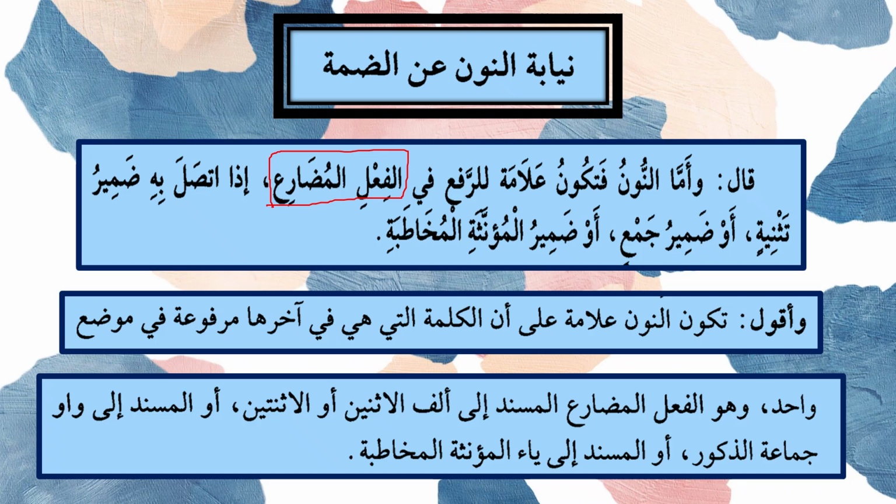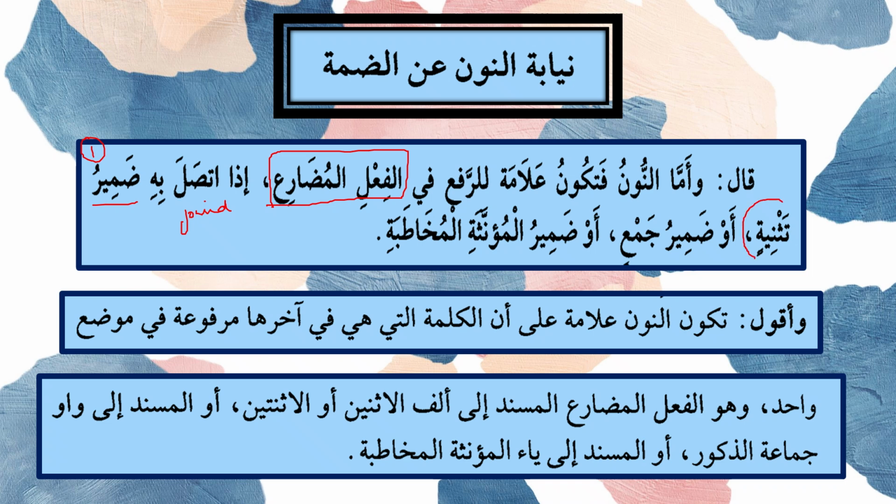Either ittasalat or join when it is joined with the damir. So when you come to fail mudare at the end, you will see some special letters, and one of the letters is the damir representing the fail, and the last is the noon, the extra noon. So it is added, number one, with the damir tasniya.